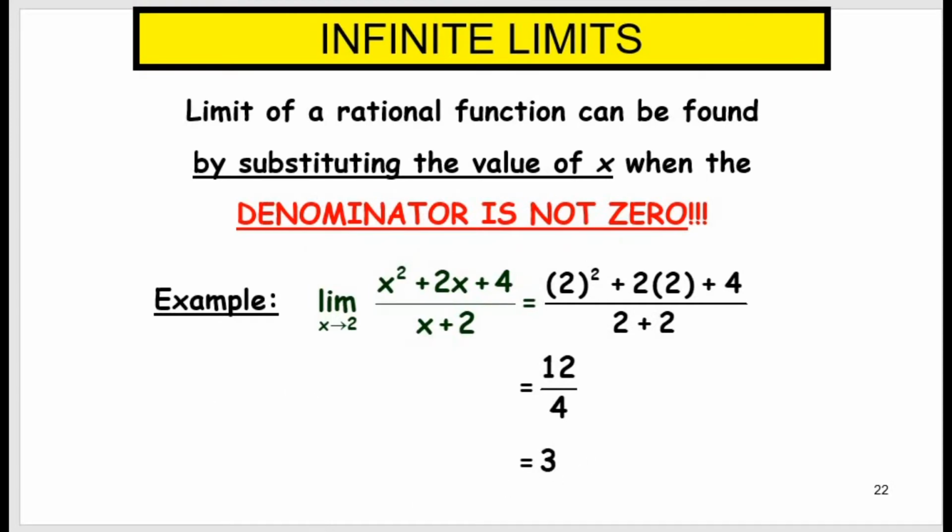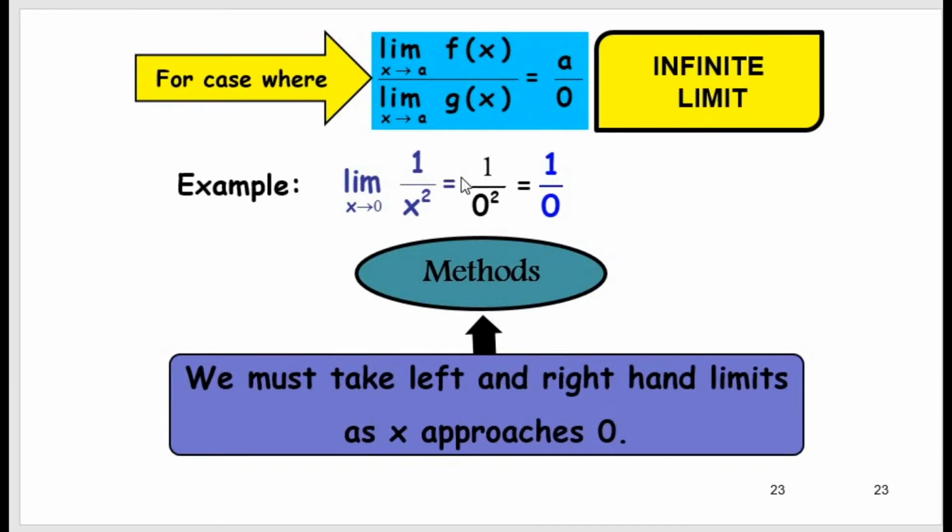How about if, when you substitute the value, you get the denominator 0, and you get the numerator as another number. For example, if I give you limit x approaching 0 for the function 1 over x squared, then I just substitute the value of x approaching 0 inside the function, then I get the value 1 over 0.